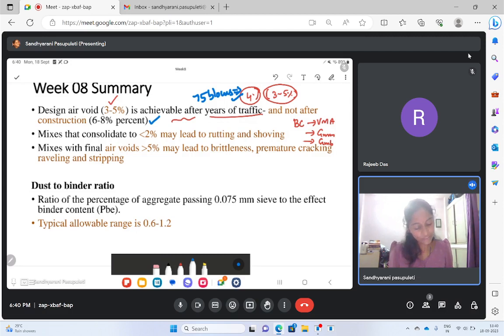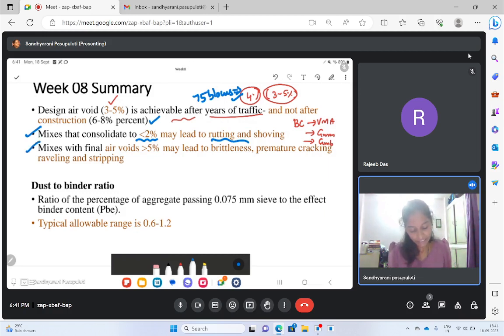In reducing these air voids, one of the things to be remembered is the air void should not be less than 2%. When the air voids are too less, it may lead to rutting. Air voids too less means binder must be too high. When the binder is high, the mix could be very soft.